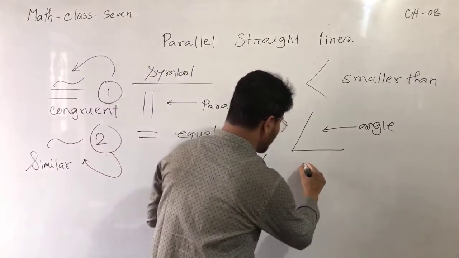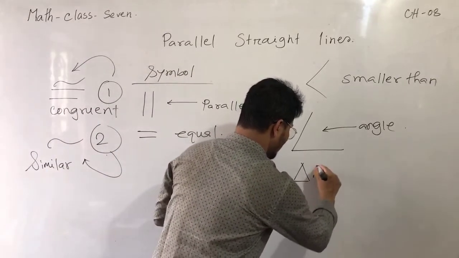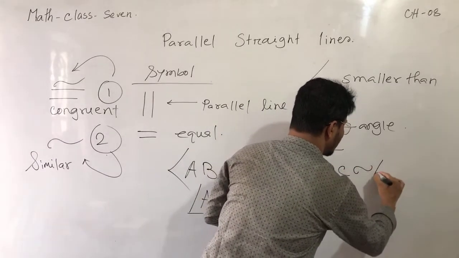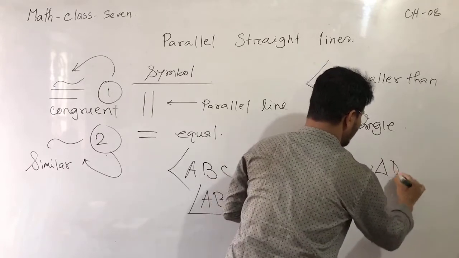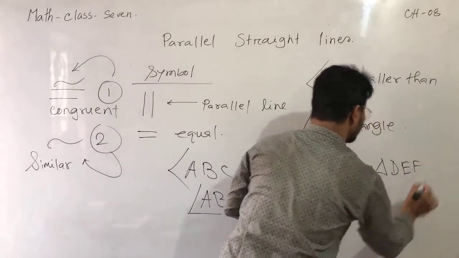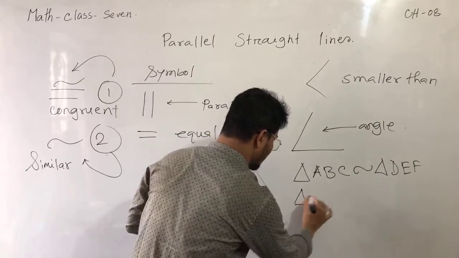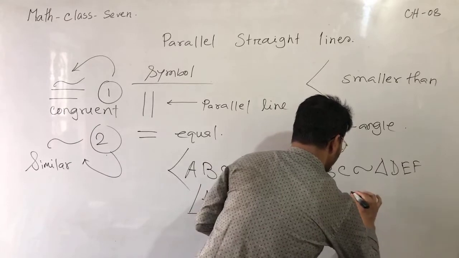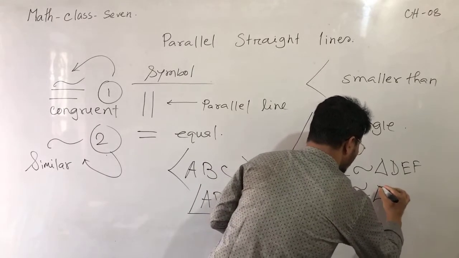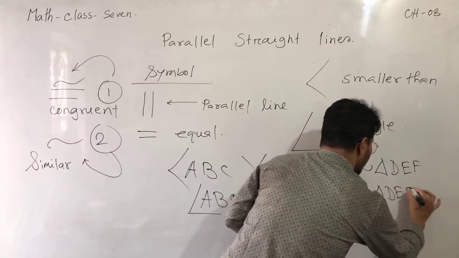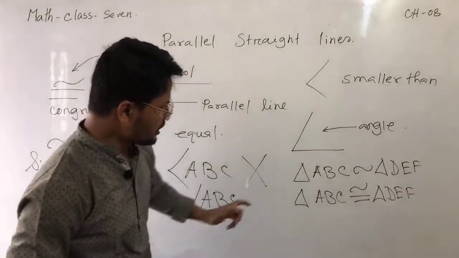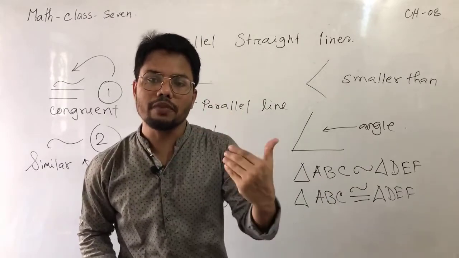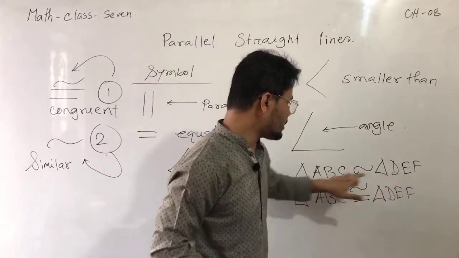Like if we use here the triangle A, B, C is similar with the triangle D, E, F. And if we use here the triangle A, B, C is congruent with the triangle D, E, F. So my dear students, these both symbols actually today give the information about the triangle and they are similar.